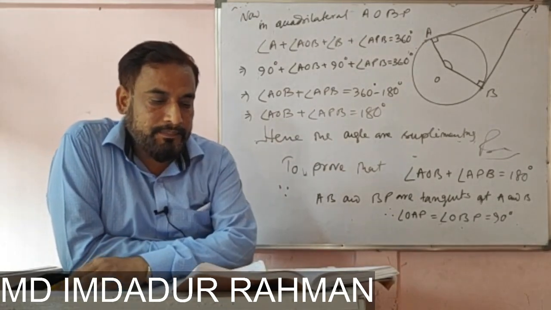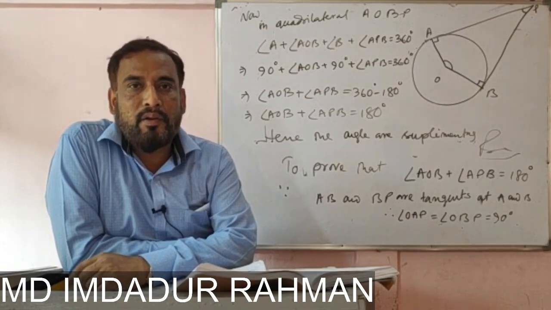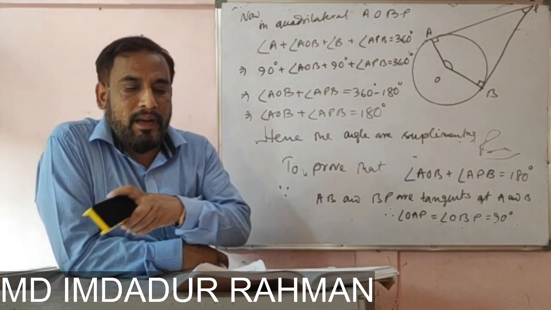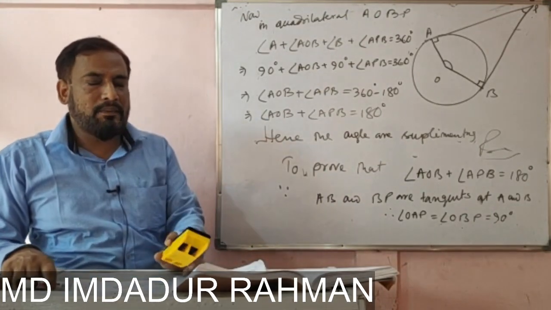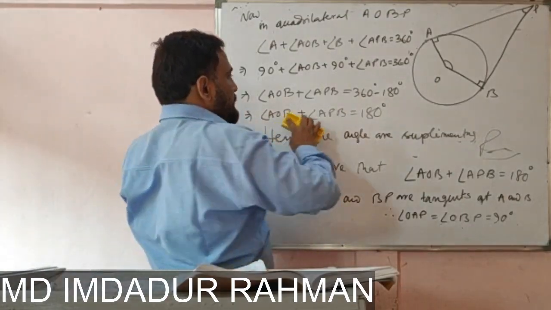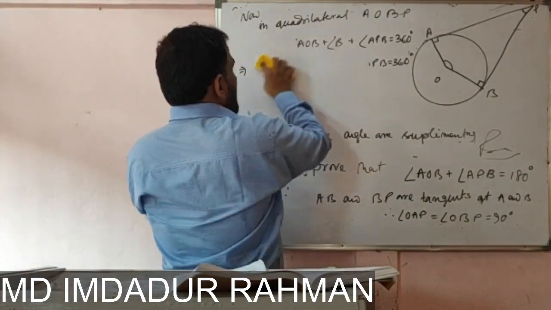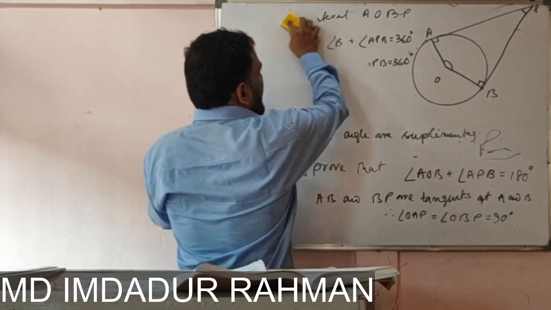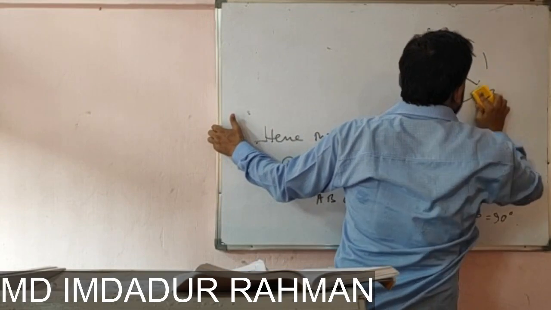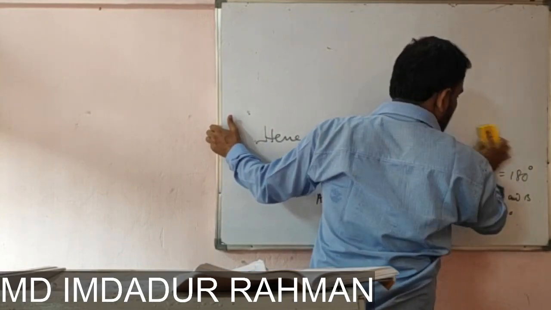Question number 11. Now we will try to solve question number 11. Prove that the parallelogram circumscribing a circle is a rhombus. That is, you are given a circle and a parallelogram, and we have to prove that this parallelogram is nothing but a rhombus.